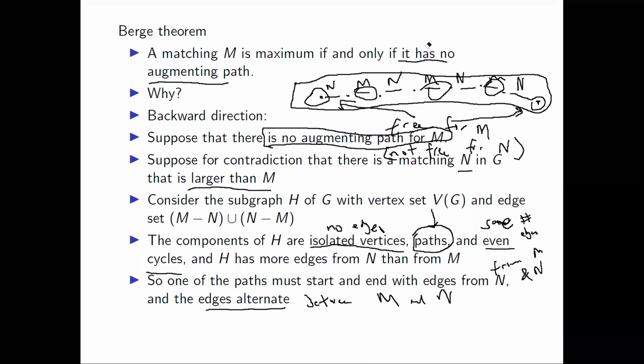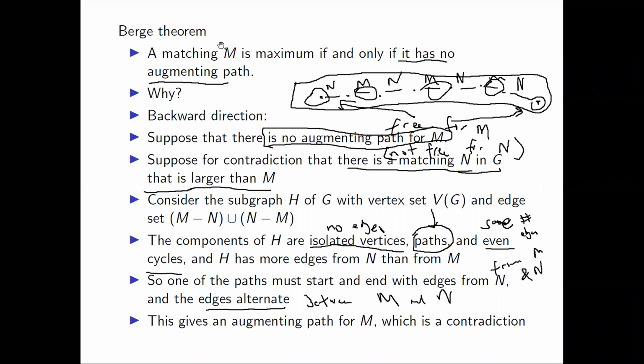And that false assumption was that there is a matching N in G that is larger than M. So that assumption is false. So that means then that M has to be a maximum matching. So M, we'll write this at the bottom, M is maximum. And that completes the proof. So we did both directions of it, forward direction and the backward direction.